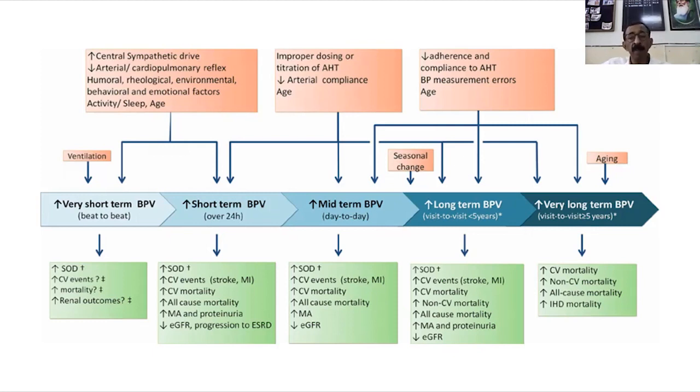And the lower part of the slide, the green color, shows us the effect of this blood pressure variability on the various disease processes in the body in the form of cardiovascular disease, stroke, renal disease, glomerular filtration rate, proteinuria, etc. Right? So this is the impact of blood pressure variability on the disease processes.